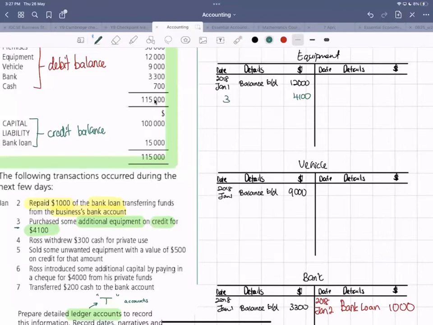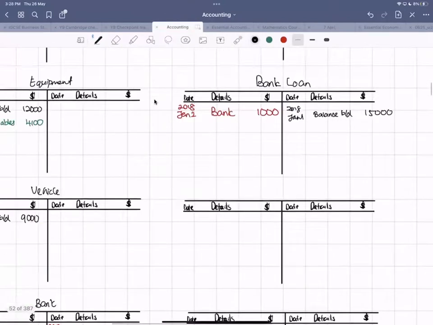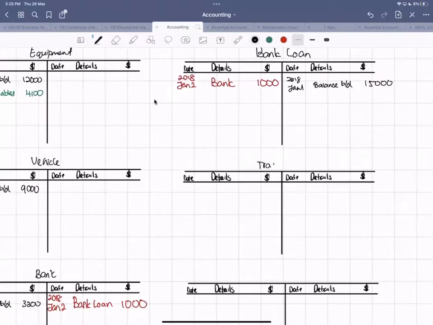We owe people money, so we call it trade payables. So we need to open a trade payables account right here. So we're going to write 4,100 equipment, January 3rd.